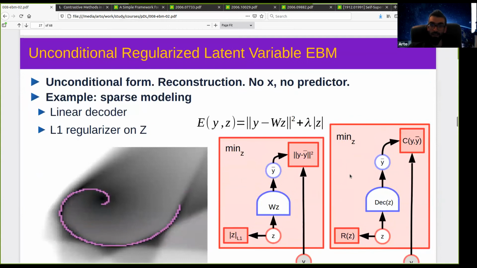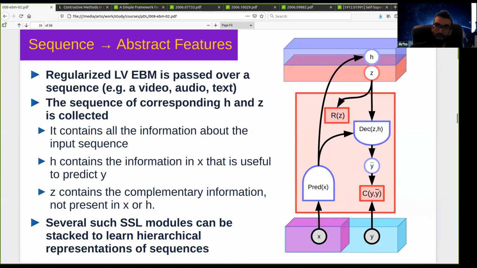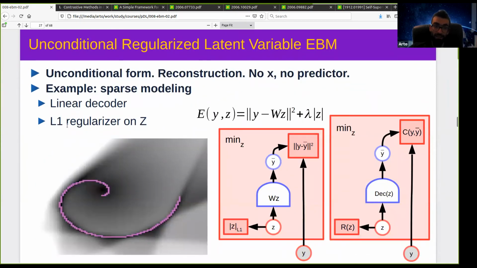We can consider an unconditional case, when we don't have any x here, but just want to train a sparse autoencoder.